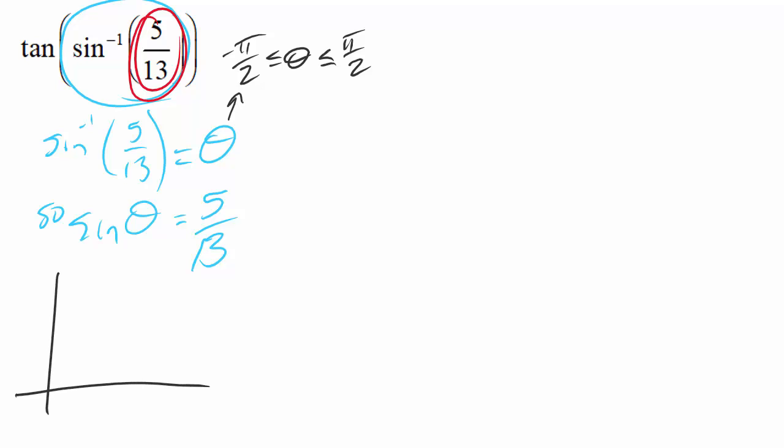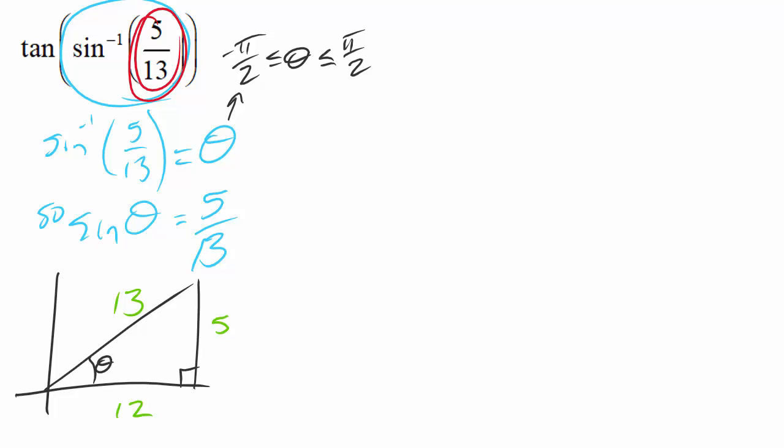So we'll draw ourselves a triangle in quadrant 1. Here's our angle theta. We'll label the relevant sides. Sine is opposite over hypotenuse, so that'll be a 5 and a 13. Through your friend the Pythagorean theorem, you'll discover the adjacent side is of length 12. That just took care of the inverse sine component.